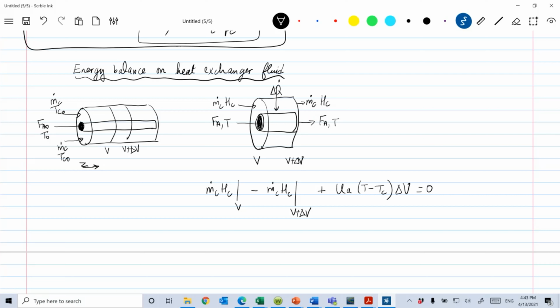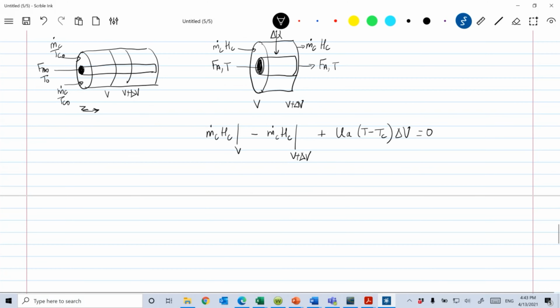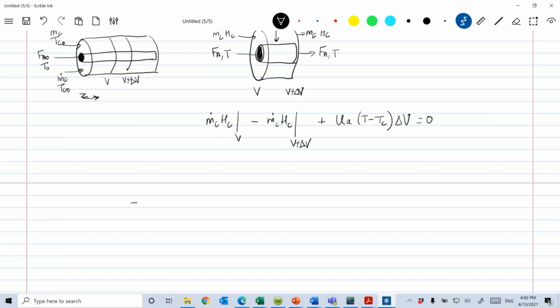So it's very similar to what we did before. That delta Q is heat being transferred, the rate of heat added by conduction through the walls. So it's just conduction heat transfer that we're dealing with. If we divide by delta V and take the limit to 0, we find that it's minus mass flow rate times dHC/dV plus UA(T minus TC) equals 0.